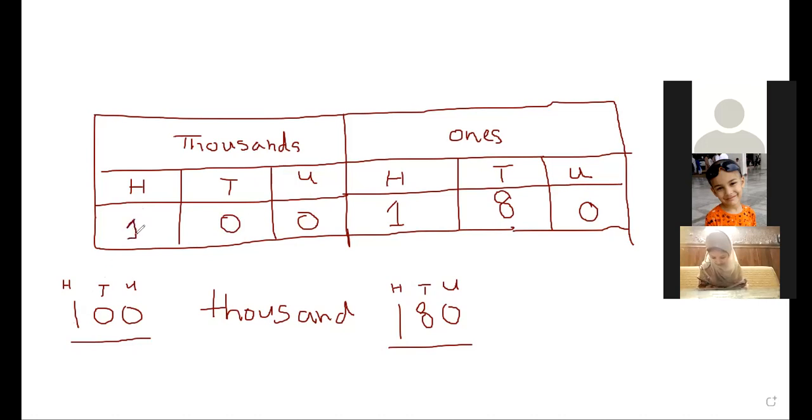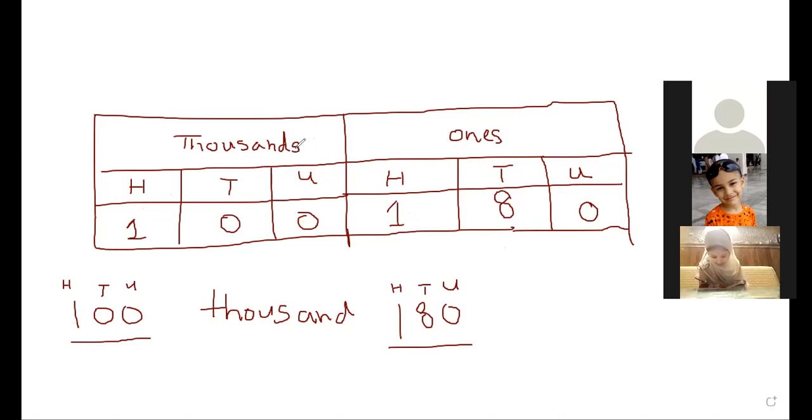So how am I going to read this value? I'm going to read this value like this: 100,000, 100,180. Fine. How are we going to read the large numbers? Like this. Okay.